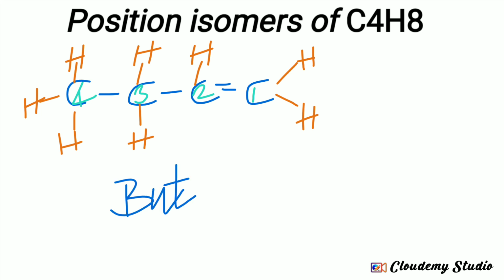Then after writing the root word, the location of the double bond we need to mention, that is at the first carbon atom. So that we need to mention, that is after but, then hyphen, then the location of the double bond, that is at the first carbon atom, then again hyphen, then we need to write the suffix. The suffix for carbon to carbon double bond is ENE.